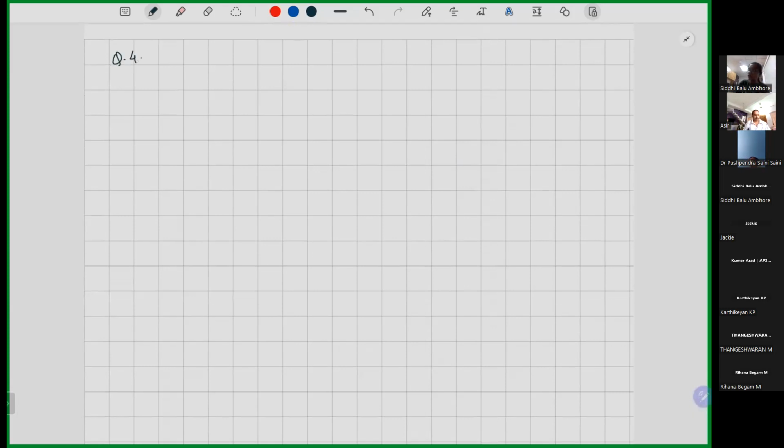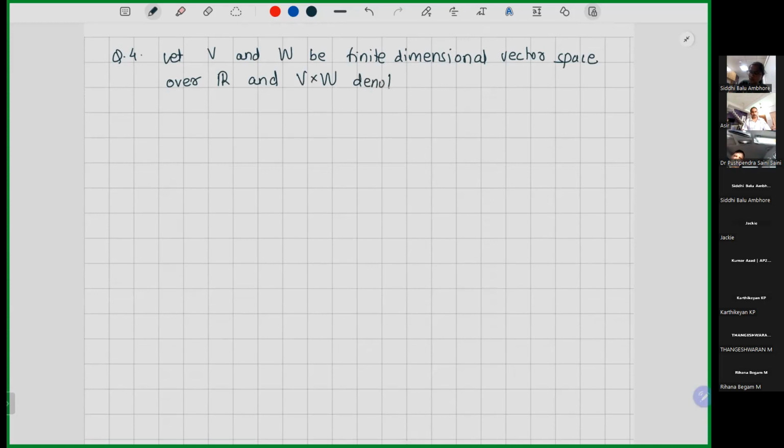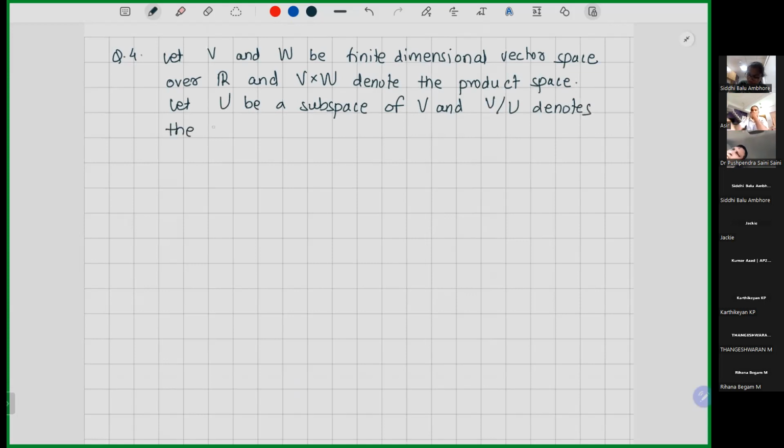Question 4: let V and W be finite dimensional vector spaces over R, and V cross W denotes the product space, and let U be a subspace of V, and V by U denotes the quotient space.